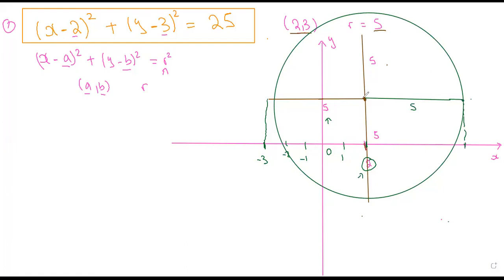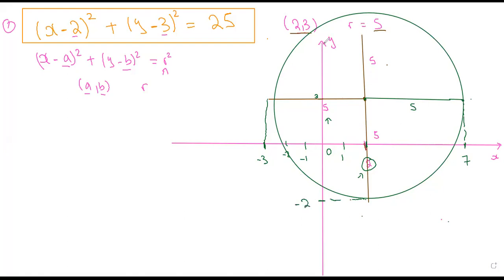And this point right here, this is the center, its y coordinate was 3. So if we move 5 units down, what would be the y coordinate of this point? -2. Very well done.